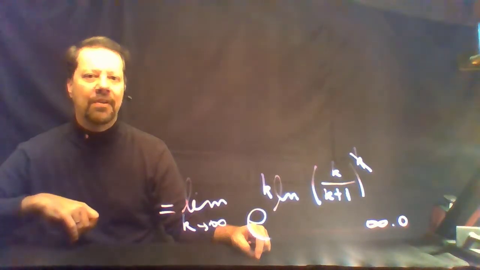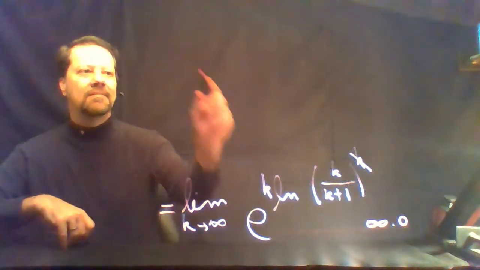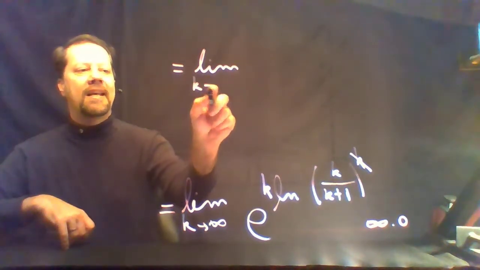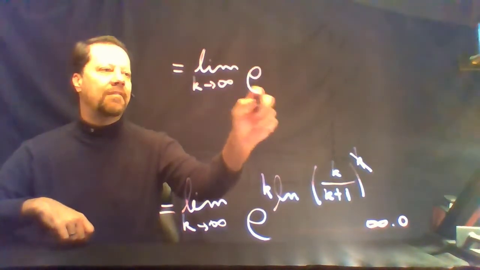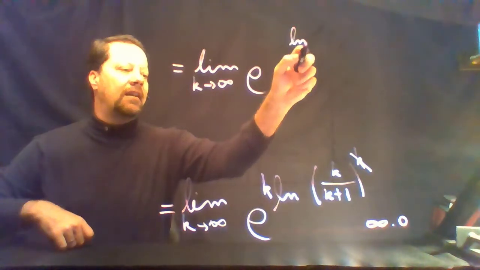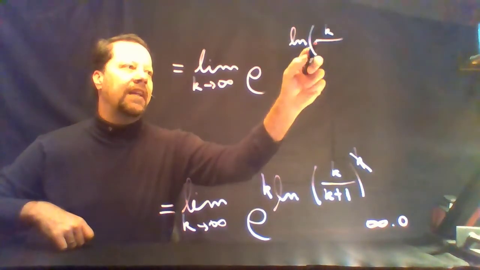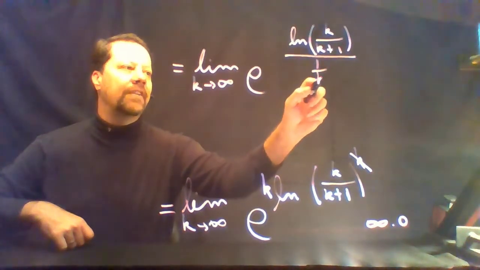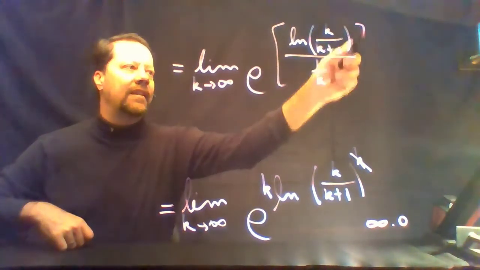One more maneuver and we can turn it into one. We'll write this as the limit as k goes to infinity of e to the ln of k over k plus 1 over 1 over k. All of this in the exponent.